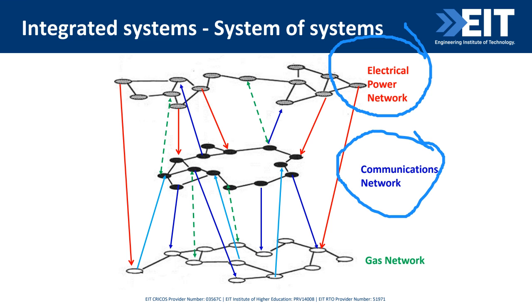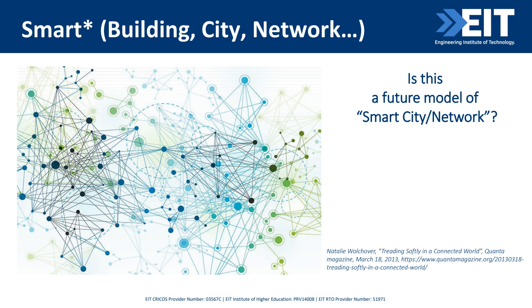And another network which we have forgotten completely is the gas network. So there are now, if you look at it carefully, three networks. The power network, which is the traditional electrical power network with all the transmission, distribution, generation, sub-transmission, the load. Along with that, we now have a comms network, which is as big as a power network. And then we have this gas network too. So there's all this proliferation of the new type of networks which has come into the system.